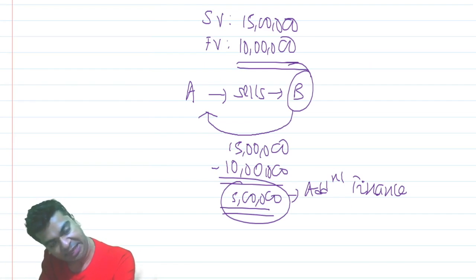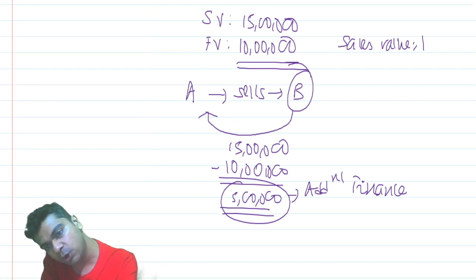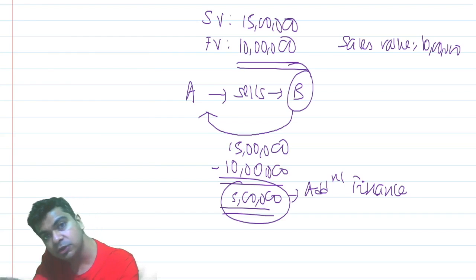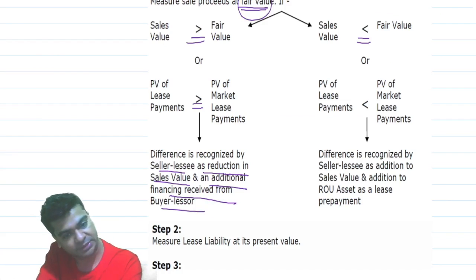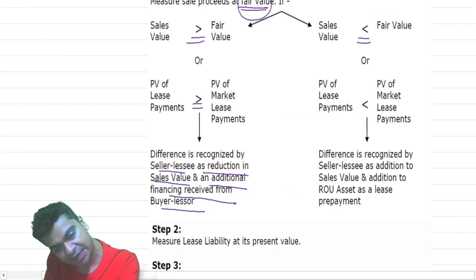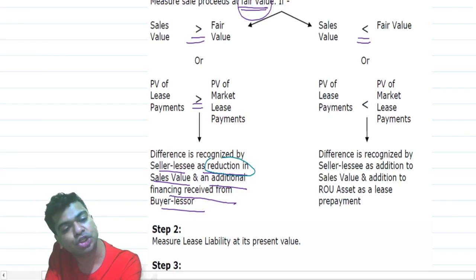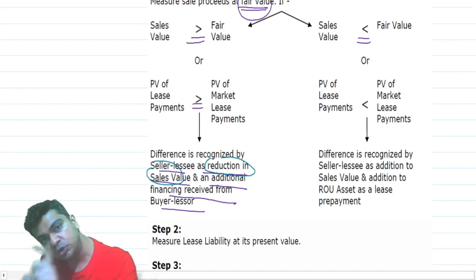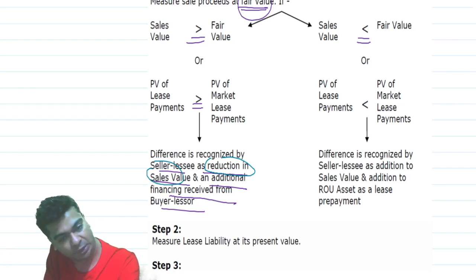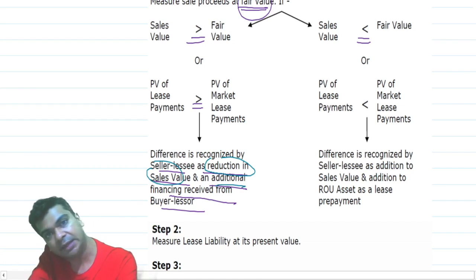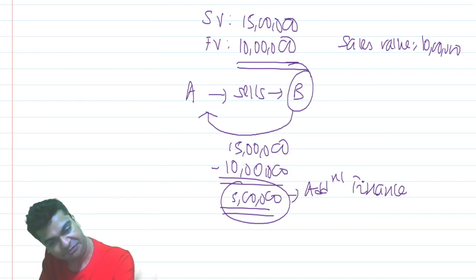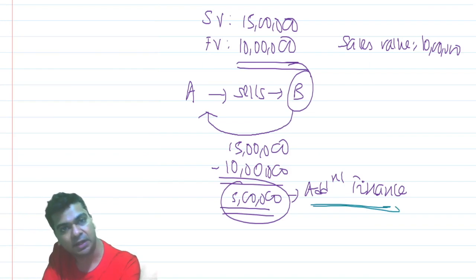So you should record the sales value at 10 lakhs. Whatever extra amount you are getting, you should deduct it from the sales value. Sales has to be compulsorily recorded at the fair value. So the difference will be deducted from the sales value, and we will treat it as additional finance received from the buyer lessor. So this 5 lakhs is additional finance.